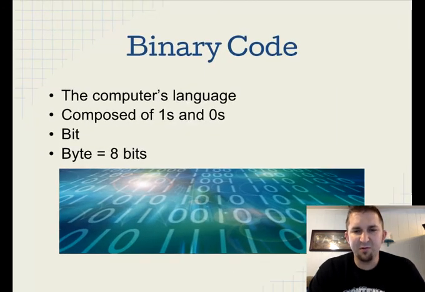Now I want to show you and talk to you a little bit about binary code. This is very cool. The computer language is called binary code. The computer can only understand a series of ones and zeros. 1 meaning on, 0 meaning off. Go look around at anything that you have that has an on and off button.